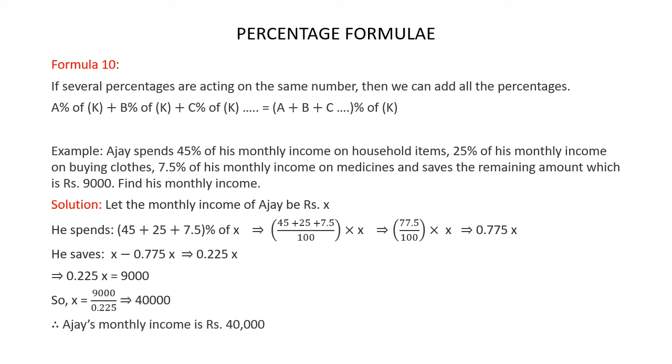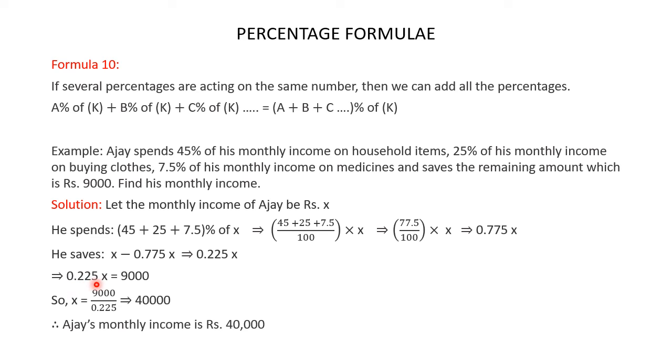Now we know that savings is income minus expenditure. So Ajay's income is X. His expenditure is 0.775X. So Ajay saves X minus 0.775X, which is 0.225X. So 0.225X is Ajay's savings. But it's given in the question that Ajay's savings is rupees 9,000.